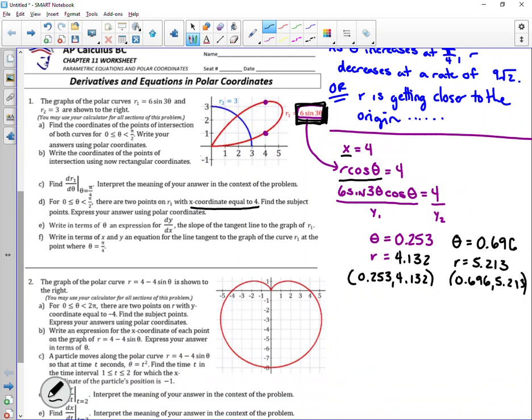Wait, so for the polar coordinates, isn't the r come first? You're right, thank you. But that's the annoying thing, usually you solve for theta first.